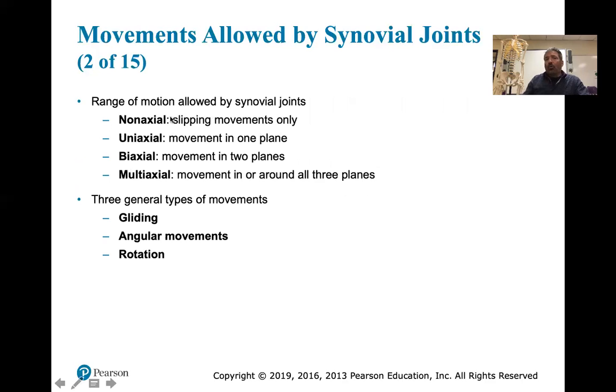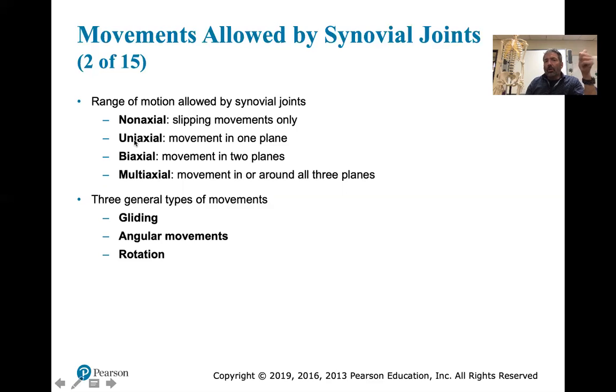All right, so range of motion allowed by synovial joints. And we talked about the joints before. So non-axial slipping movements. They're going to be just moving back and forth slightly. Uniaxial is movement in one plane, biaxial is movement in 2 planes, and multi-axial is movement around all 3 planes. Pretty easy. Non-axial, no axis really, just slipping movements only.